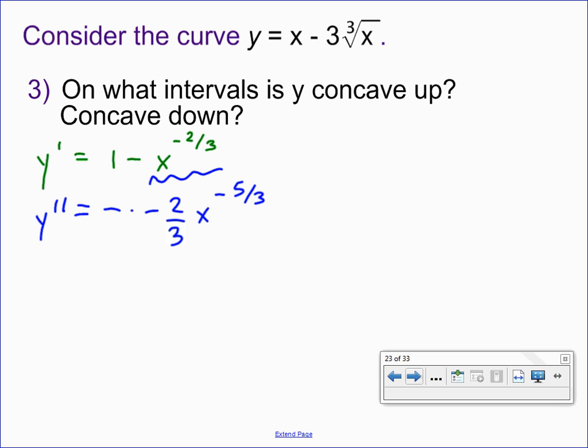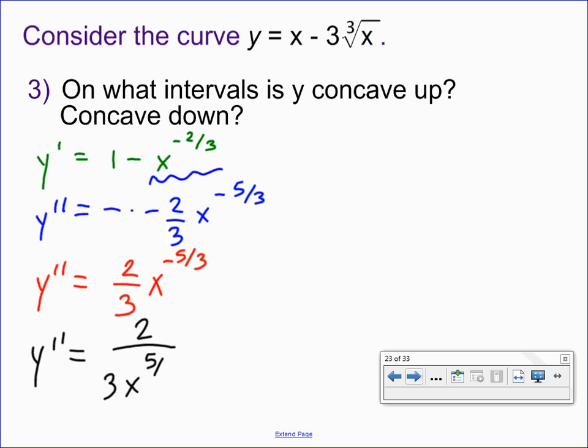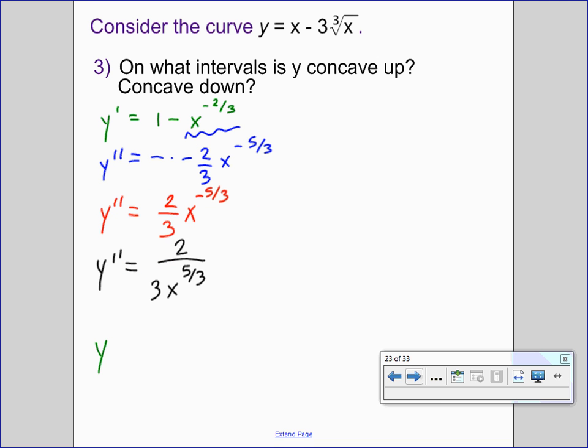So I've got negative times negative, which is overall positive. Y double prime equals positive 2/3 x to the negative 5/3. Rewriting my negative exponent as a positive exponent yields 2 over 3x to the positive 5/3. And a final rewrite so that I have radicals and it's easier to evaluate without a calculator is constant 2 over 3, and this would be what?